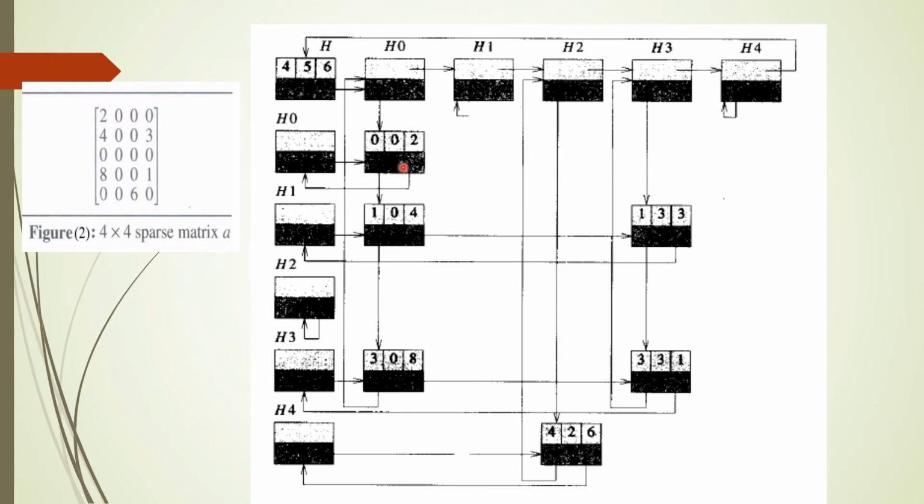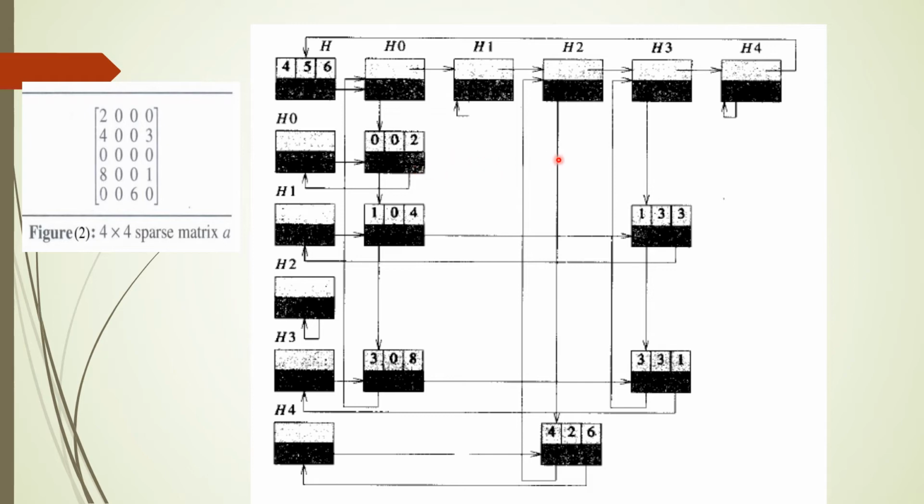Let us take the first non-zero element in this matrix. What's the first non-zero element? The first non-zero element is 2. Where is the 2 present? The 2 is present in the 0th row and 0th column. So the row, column, value is row 0, column 0, value 2. The down field is pointing to the list in the column, and the right field is pointing to the next non-zero element.